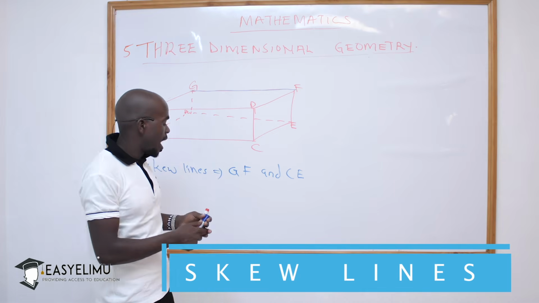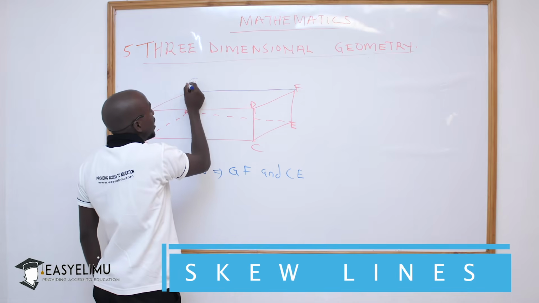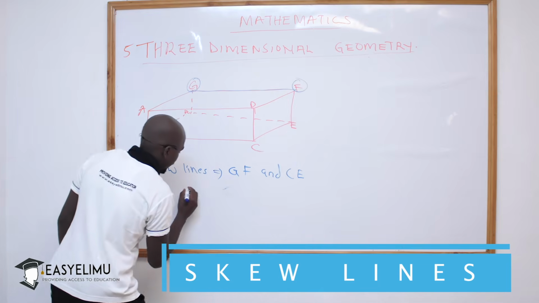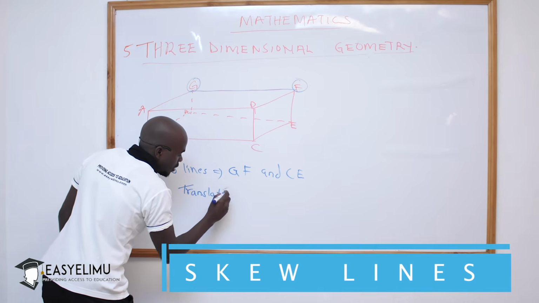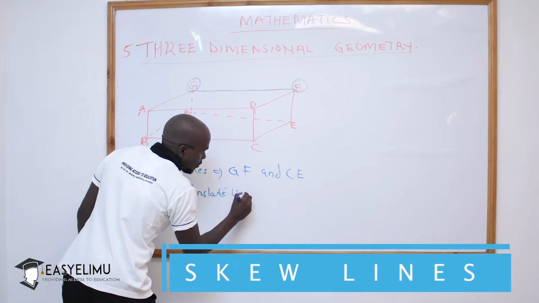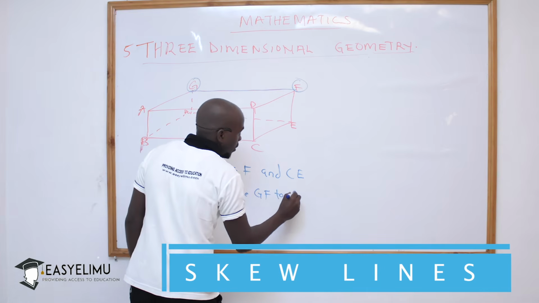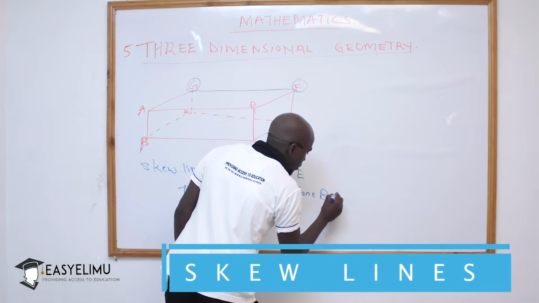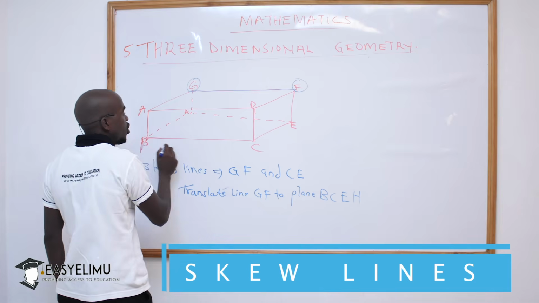So to find that angle, you translate line GF to plane BCEH. What I'm talking about is the lower plane.